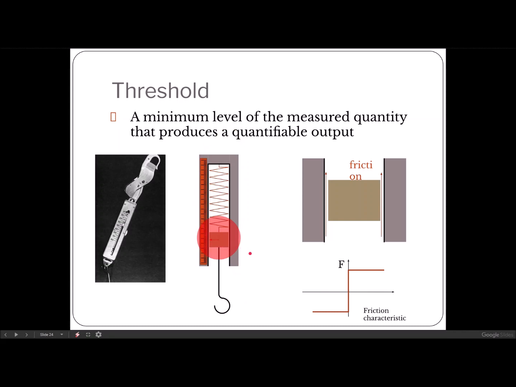Why? Because you know from physics that the stiffness of a spring shows the linear dependency between force and deflection, right?